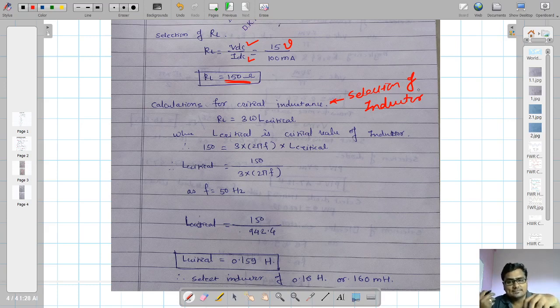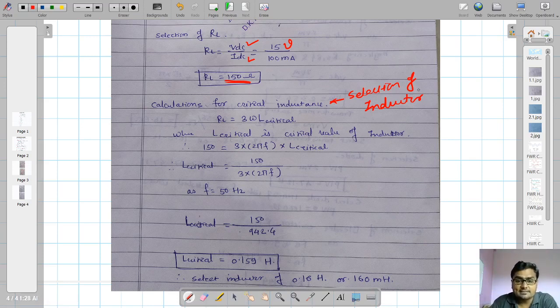So that's why whatever value of inductor I'm going to select will be the critical value of inductor or exact value of inductor. So that's why I will treat my inductor value as L critical. The notation will be L critical.